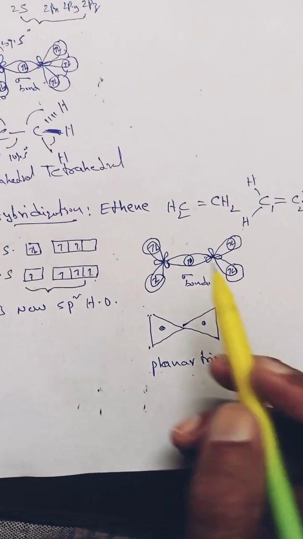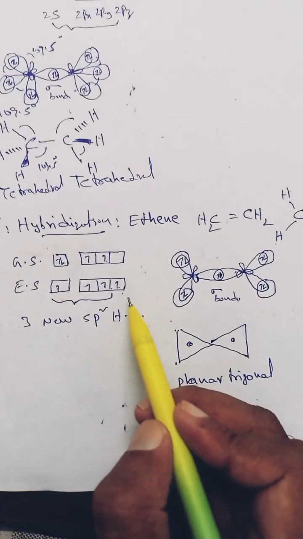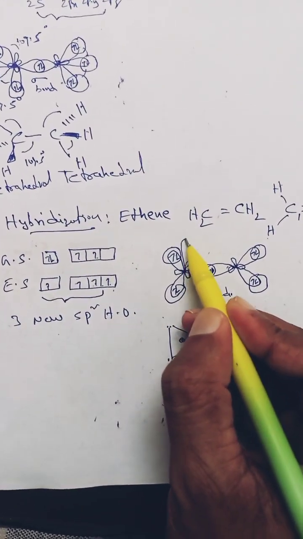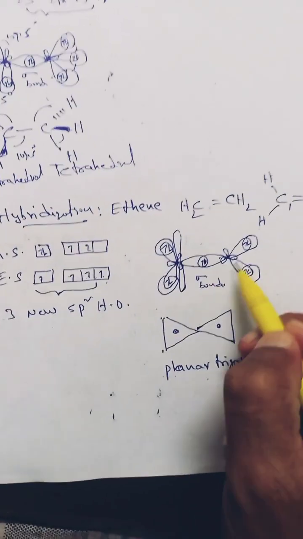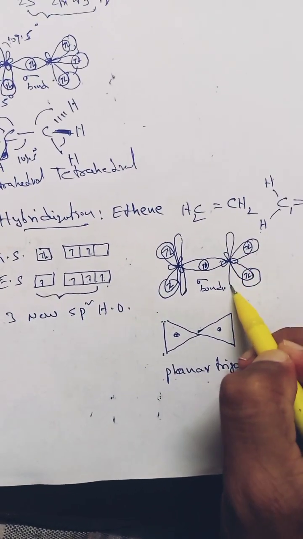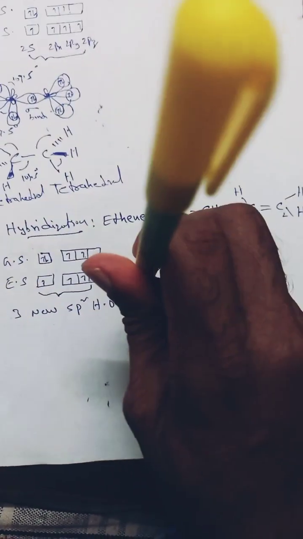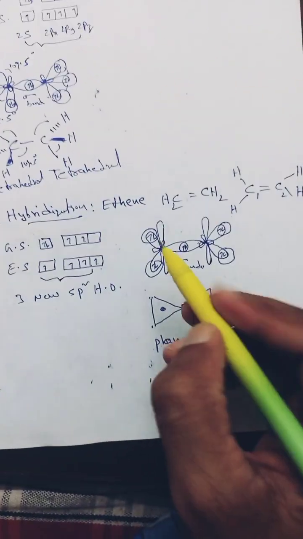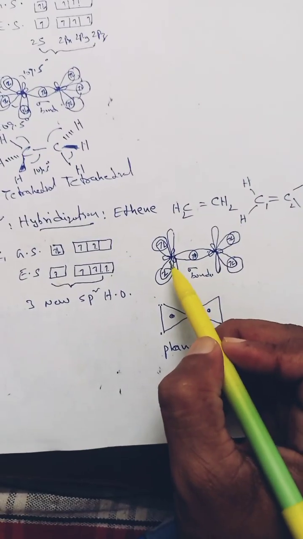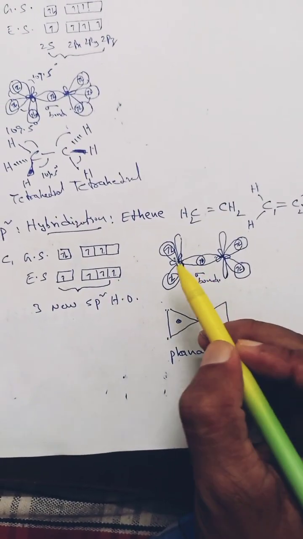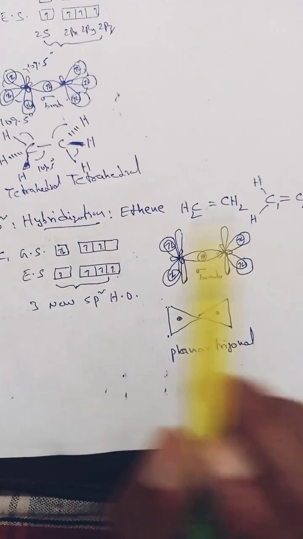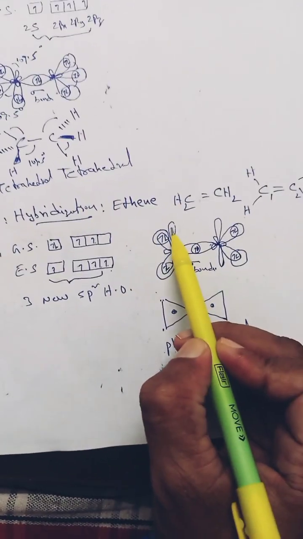Okay. Now to this planar structure, this unhybridized orbital will be situated above the plane like this and below the plane like this. Like this pen I kept perpendicular to the plane of the paper, this orbital is exactly perpendicular to the plane of the paper. So in the air, in the space, this lobe will be there.